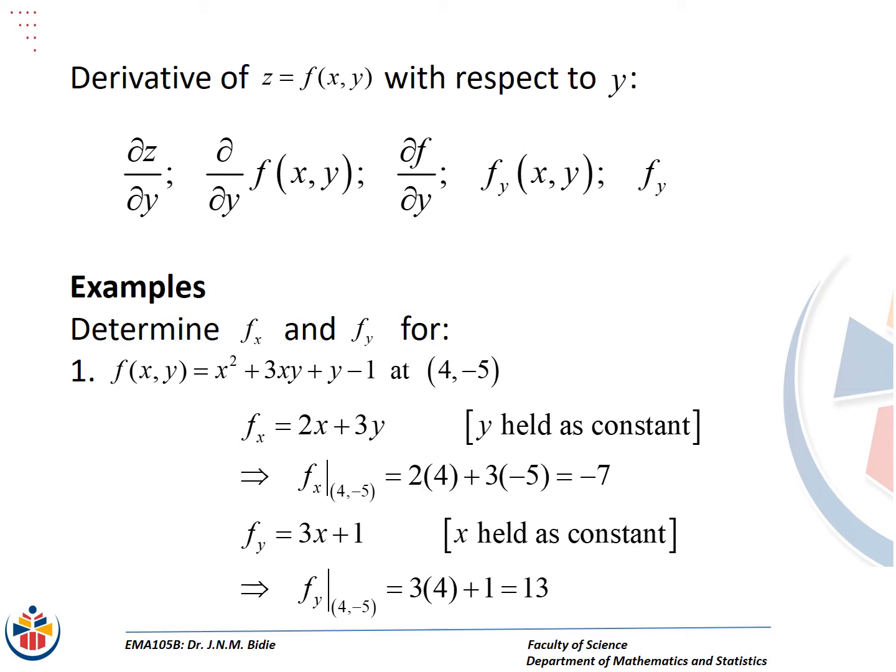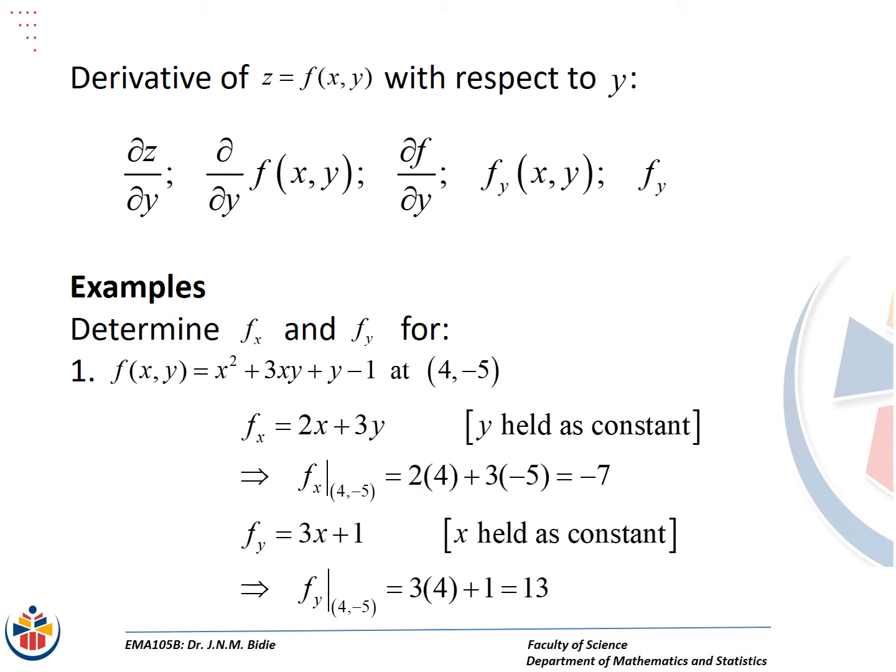Let's do a few examples so that we can illustrate how partial differentiation works. Here, we've been asked to find both fx and fy. That is f subscript x and f subscript y, meaning we're differentiating f with respect to x, find the answers, and then f, we differentiate it with respect to y and get the answers.